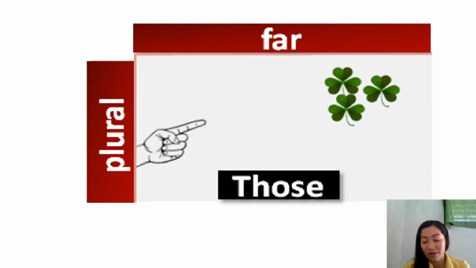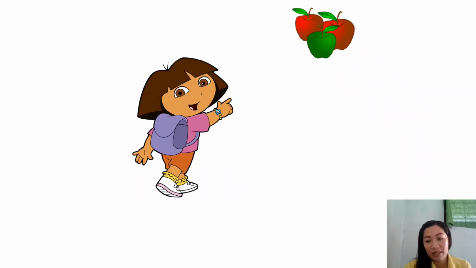Now let's go to those. Those is plural and far. Again, those, plural and far. For example, we are referring to these apples, which are far away from you.